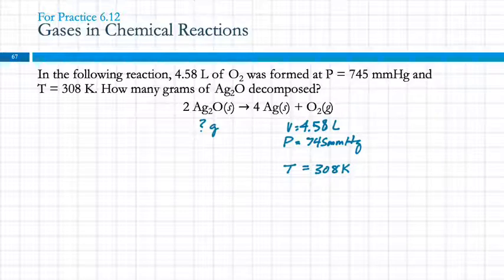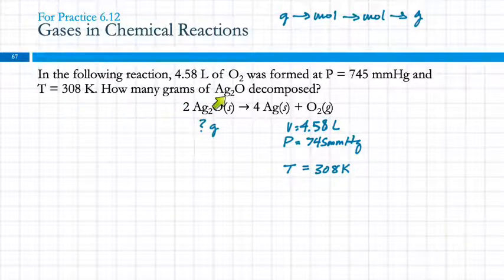So we've got a chemical reaction, we've got information about reactants and or products. This is stoichiometry. So we can start with grams to moles to moles to grams. And it is asking how many grams of this, so grams at the end is just fine.